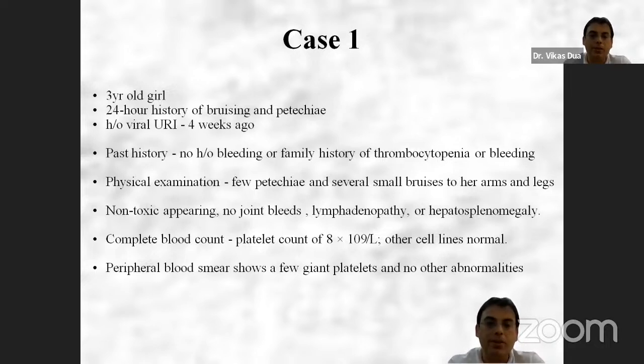In this CBC, the hemoglobin was okay, let's say 13. The white cells were 6,000 with normal differentials, but the platelets were low. The platelet count was just 8,000. The peripheral smear was seen by a hematopathologist, and it was commented that there are few giant platelets, and otherwise there is no abnormality.